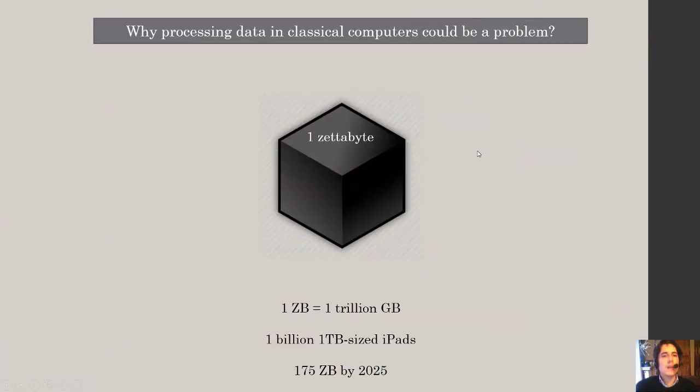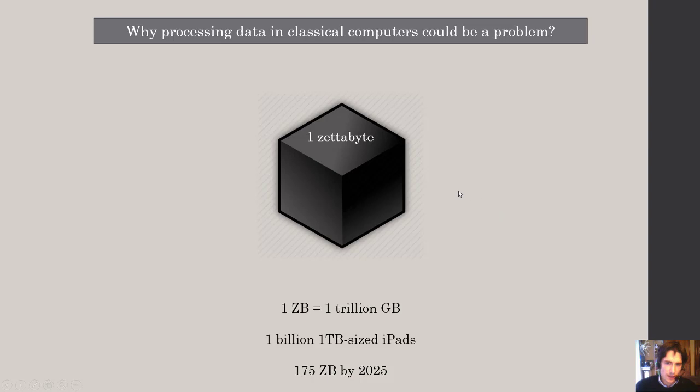Okay. So why could processing data in classical computers be a problem? The data becomes bigger year after year. It's so big that a classical computer must deploy a large number of parameters to analyze how to learn patterns in such data.